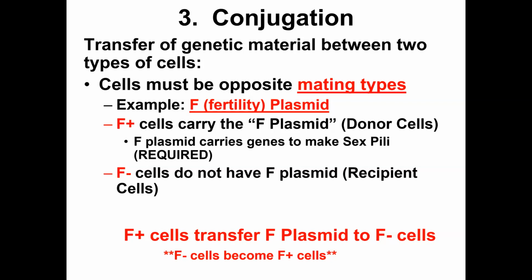So, if a cell has this plasmid, can it initiate conjugation? Yeah. If it doesn't have that fertility plasmid, can it initiate? No. Okay, that's why they're mating types. Okay, the donor with the plasmid to start we call F+. The recipient, who doesn't have it yet, we call F-.